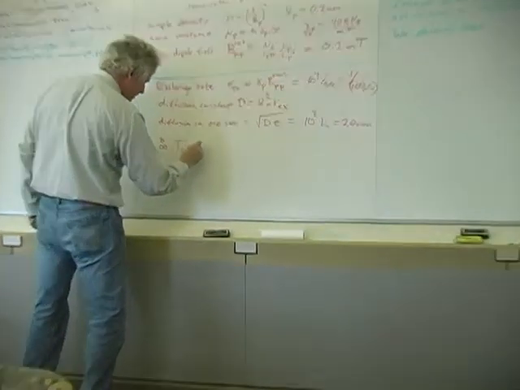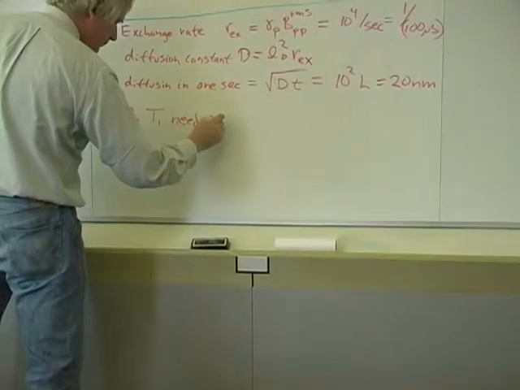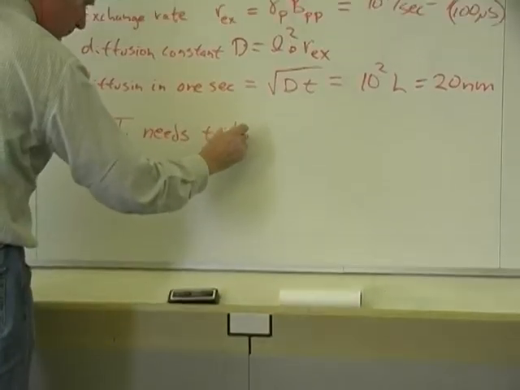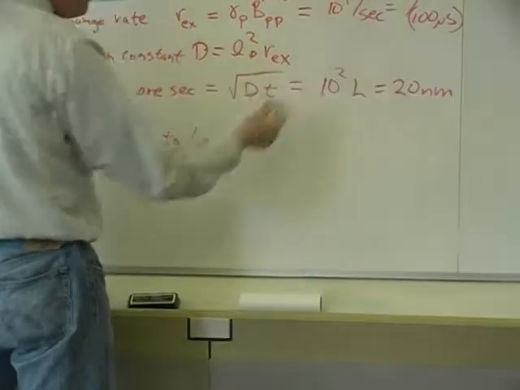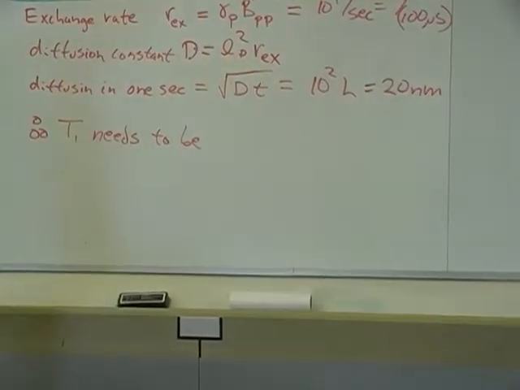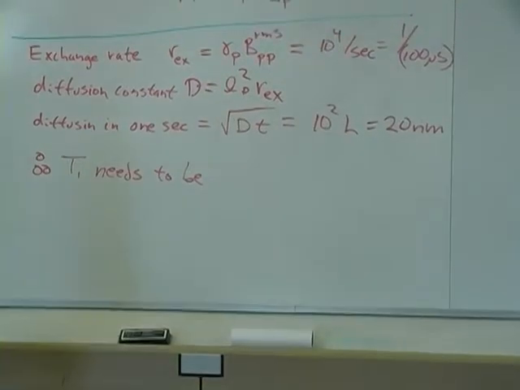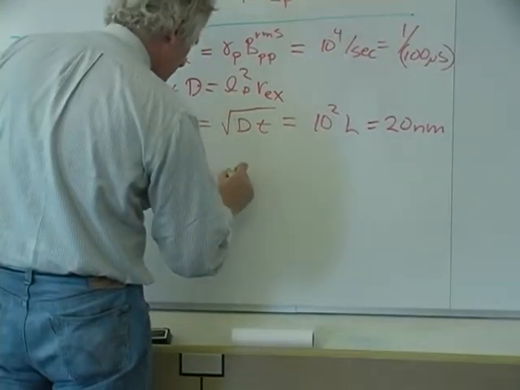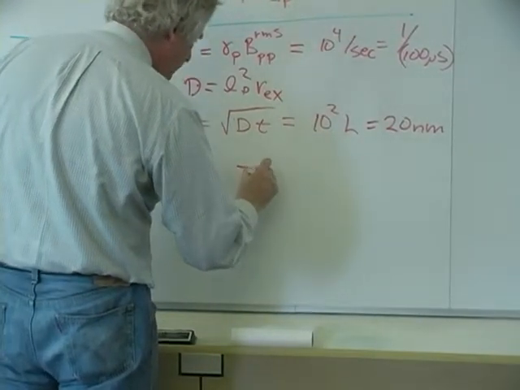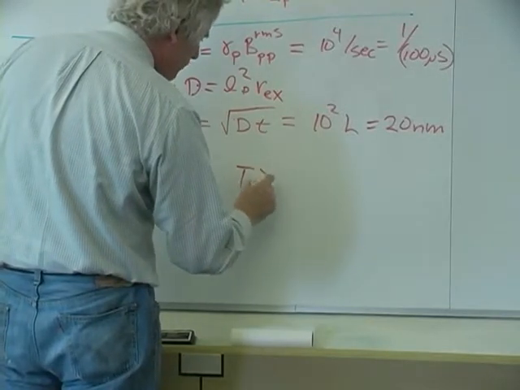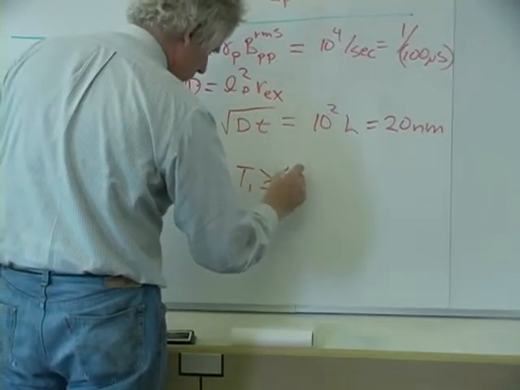T1 needs to be on the order of, well, the exchange is on the order of 100 microseconds, I would say T1 can be a millisecond. It needs to be bigger than a millisecond.